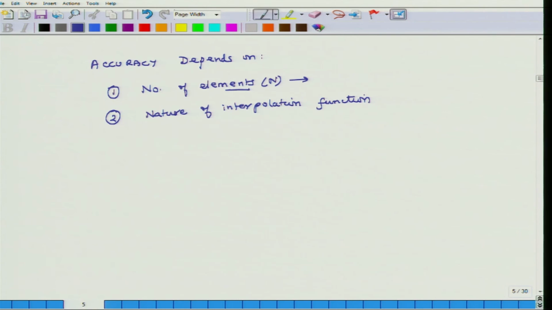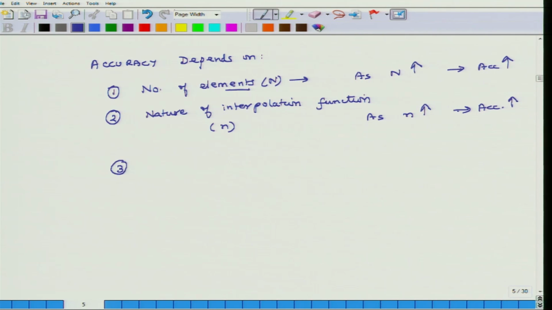As n goes up, what happens? Accuracy also goes up. Nature of interpolation function can be measured in terms of n, which is the order of the polynomial. So as n goes up, so does accuracy. Okay, this is what we saw just now.